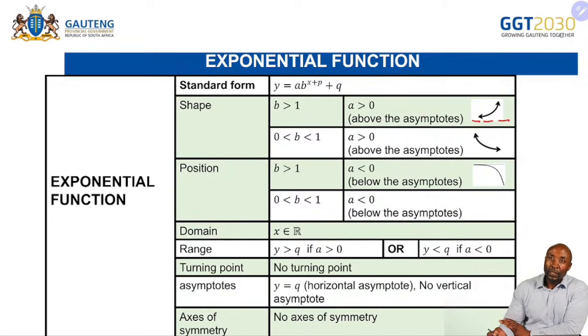A, you take it as a coefficient. B to the power x plus p, you take it as one term. You cannot say a times b, then you raise it to the power x. A is a coefficient, b is the base, x plus p is the exponent.